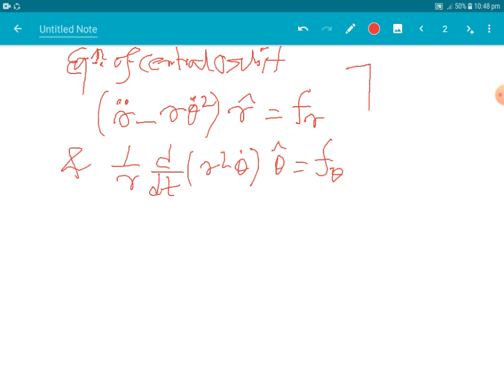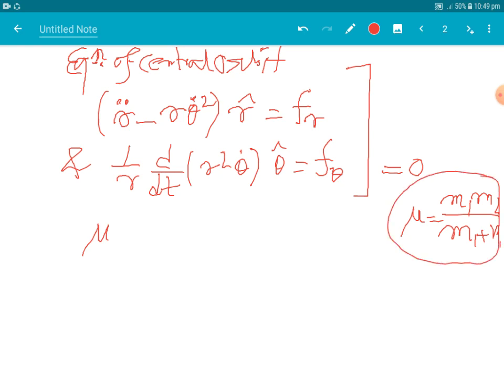Again we saw in the previous section that the central force is always directed along the line of action, that is the line joining the center of force and the particle. So it is a radial component, and the cross-radial term will be 0 in case of central force. So the total force acting on the particle will be mu, where mu is the reduced mass, defined as m1 m2 by m1 plus m2.